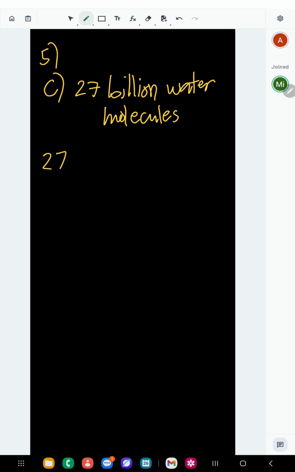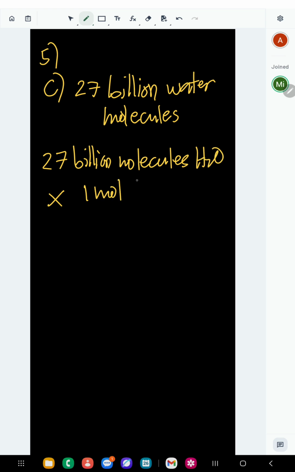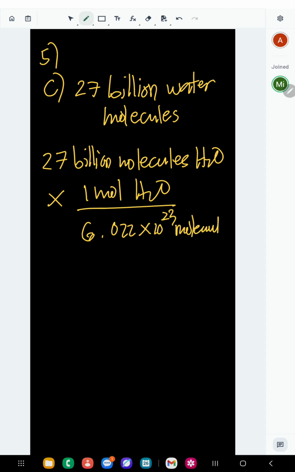So that is 27 billion molecules times 1 mole, this is water, H2O. 1 mole water per 6.022 times 10 to the 23rd molecules water, to cancel out the molecules unit here.